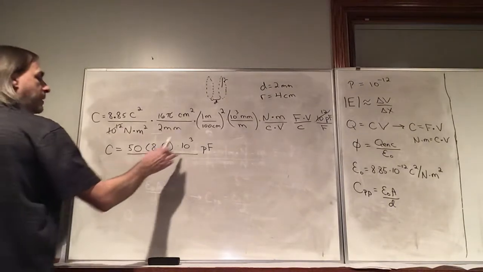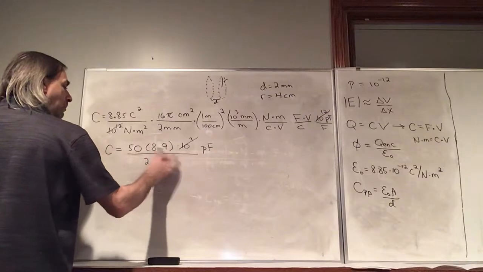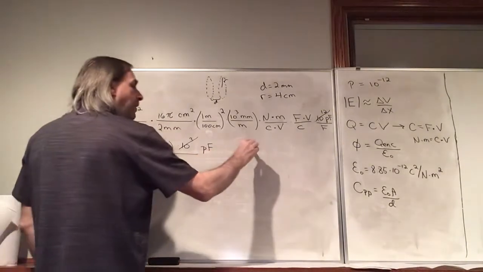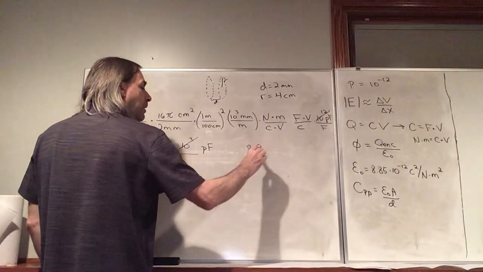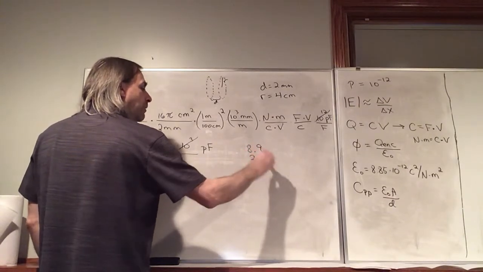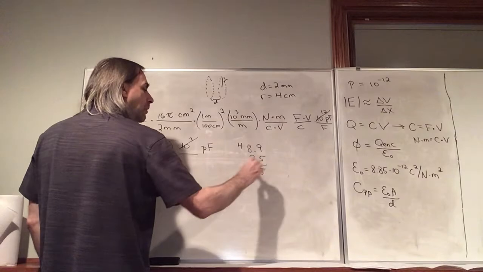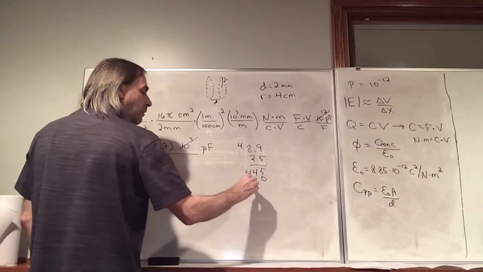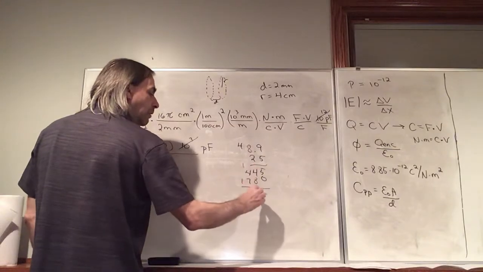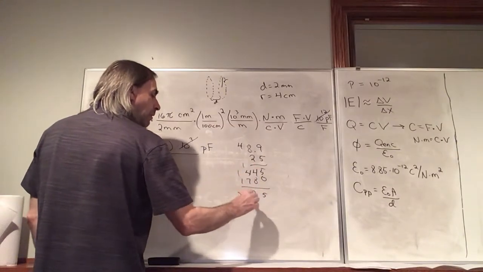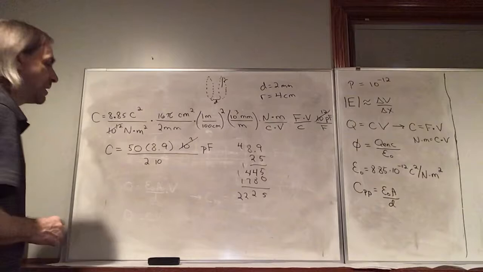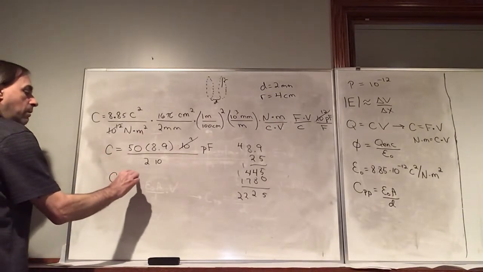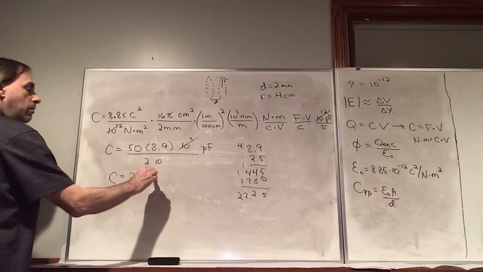We can cancel this out. So 50 divided by 20 is 2.5. So let's see, 8.9 times 2.5. I made some approximations here, so let's say the capacitance is just 22 picofarads.